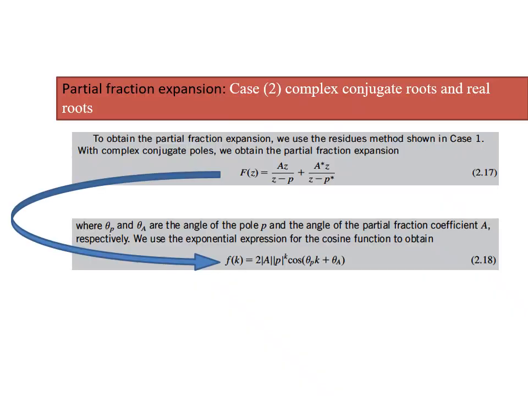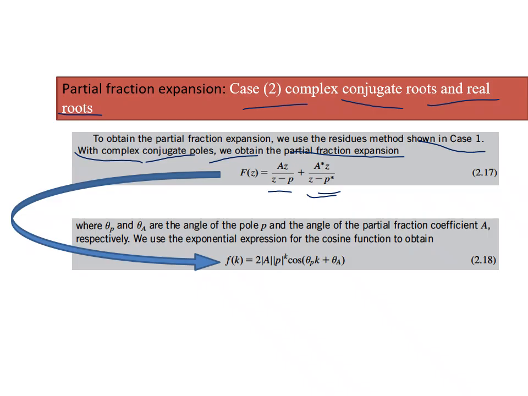Now we have the second case, which is complex conjugate roots and repeated roots. To obtain the partial fraction expansion, we use the residues method shown in case 1 with complex conjugate poles. We obtain the partial fraction expansion: A times z divided by z minus p, which is the pole, and A star, which is the conjugate of A, times z divided by z minus p conjugate.